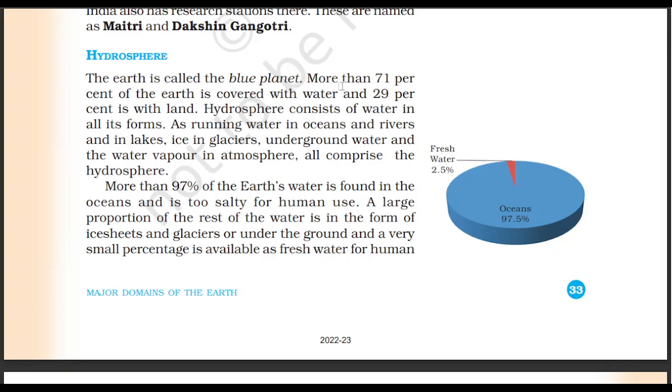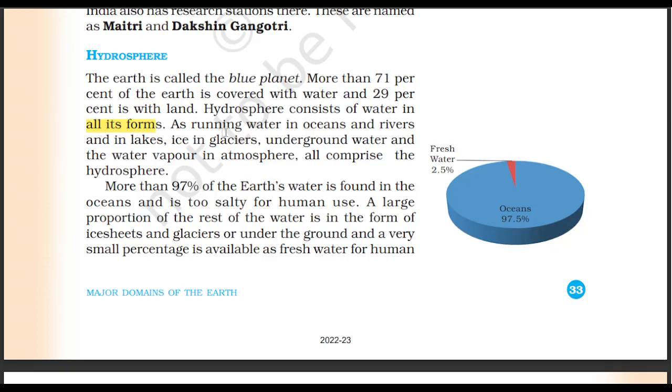The hydrosphere consists of water in all its forms: running water in oceans, rivers and lakes, ice and glaciers, underground water, and water vapor in the atmosphere.